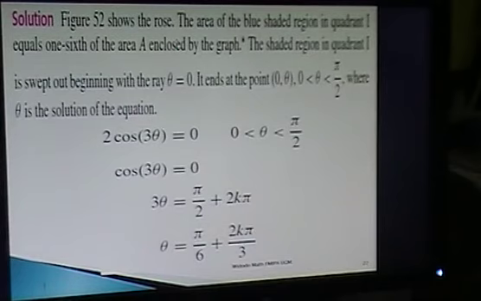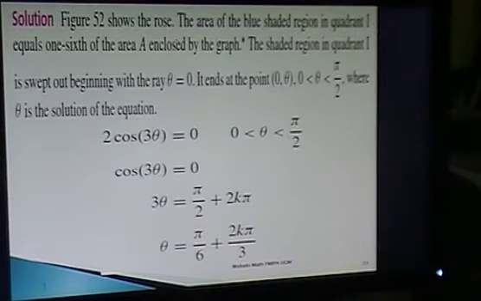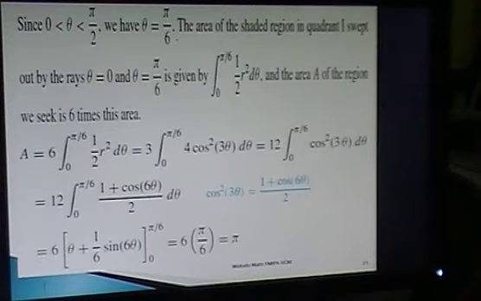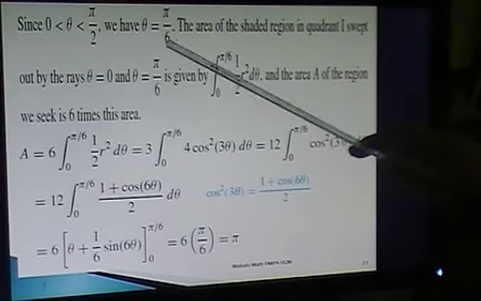So what is the theta? If the k is equal to 0, then the theta is equal to phi divided by 6.